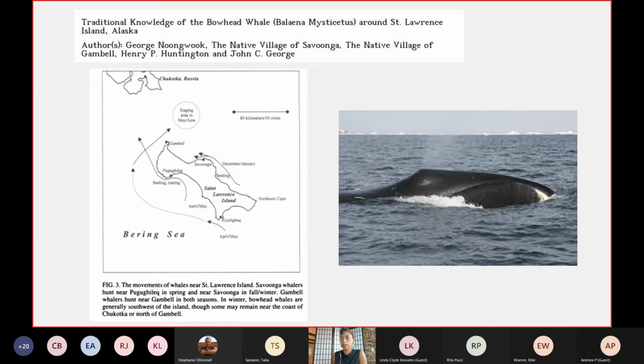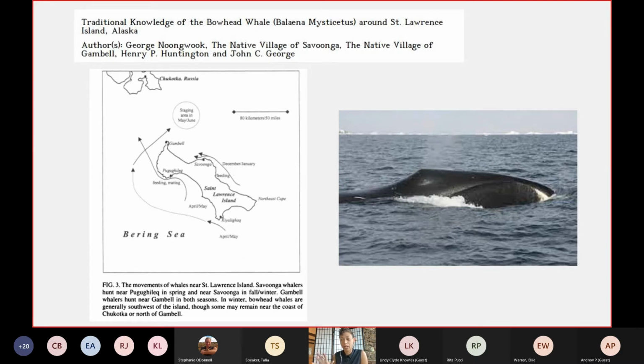So this project was looking at the bowhead whale in Alaska and working with indigenous groups to not only understand where the whales are, but whether they're thriving and how their behaviors do or don't differ from the past. This map on the left is kind of talking with indigenous leaders and community members and figuring out where they've seen these whales over the past decades, centuries, so on.